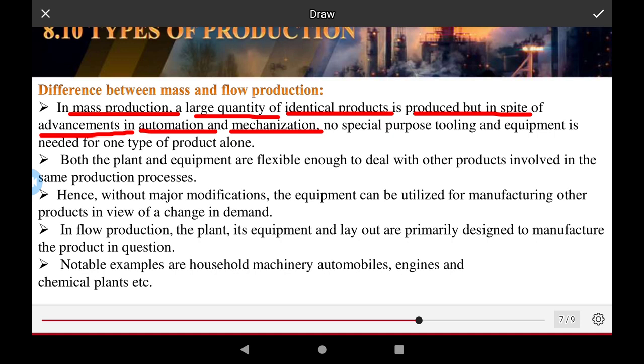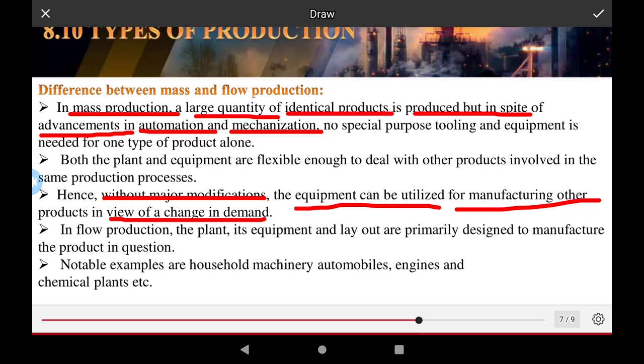In this continuous production system, both the plant and equipment are flexible, each able to deal with the order of products involved in the production process. Without much modification, the equipment can be utilized for manufacturing other products in view of the change in demand.